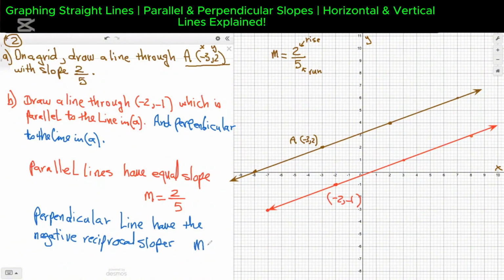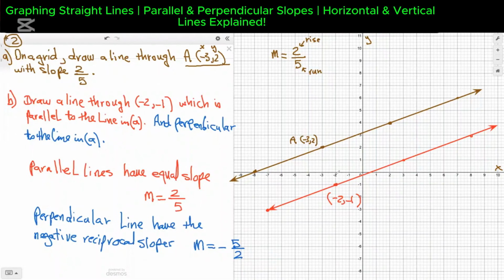So if this is positive, then the perpendicular will be negative instead. If this was negative, then the perpendicular would be positive. And reciprocal means if the slope is 2/5, the reciprocal will be 5/2. So for the reciprocal of a fraction, you just flip the fraction. So it will be -5/2.